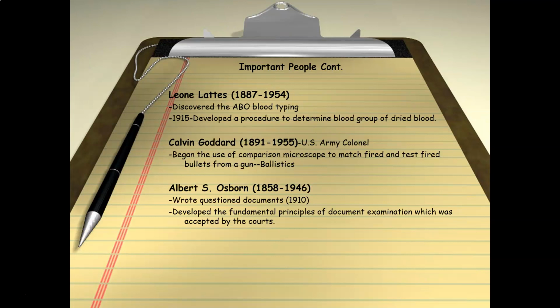Okay. The next one is Albert Osborne, and he did a whole study on documentation and whether or not people forge documents, counterfeiting, mainly forgery for him because it was a big thing about wills and money and signing checks and that kind of thing.